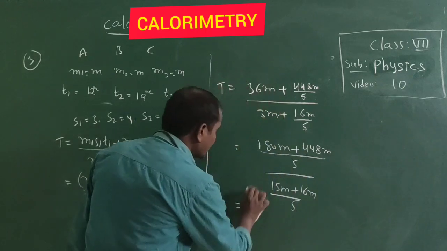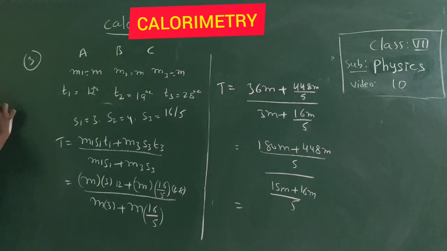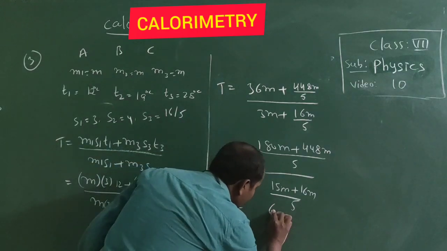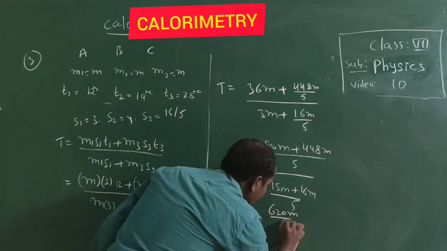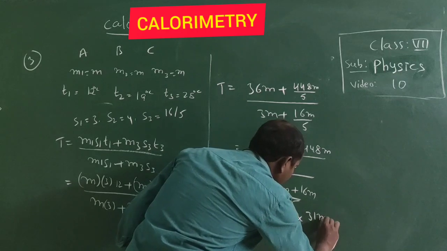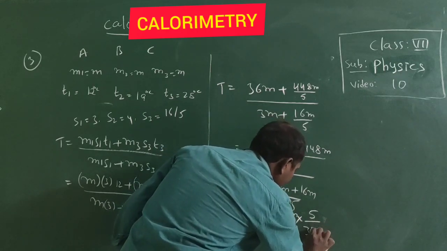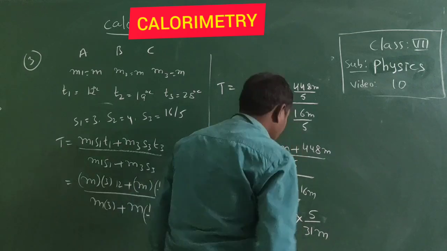So 448 plus 180 is 628, so 628M by 5 over 31M by 5.